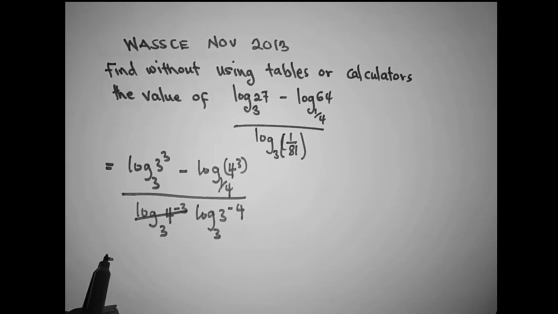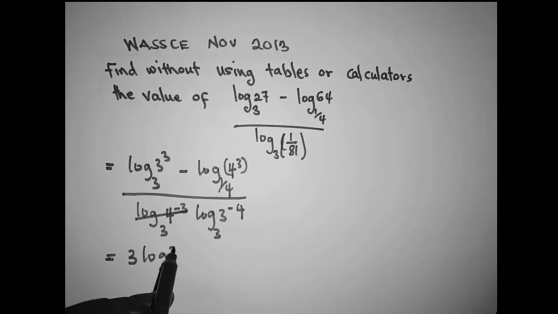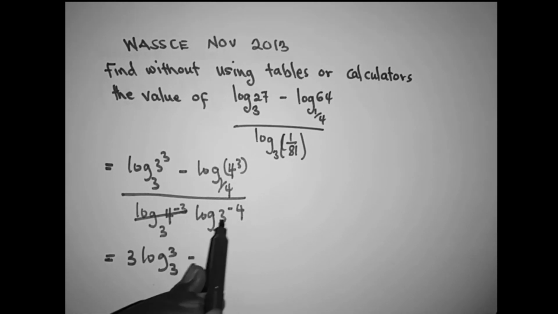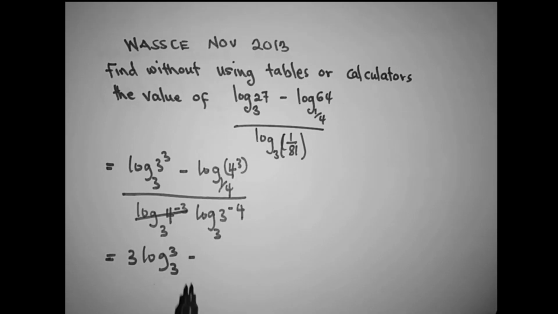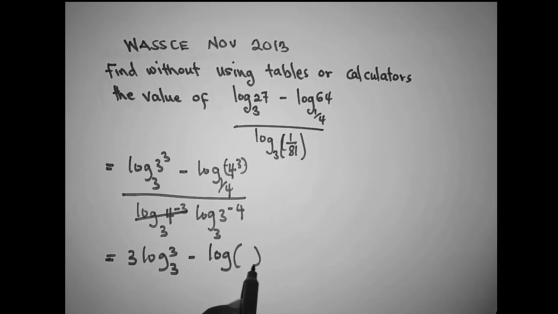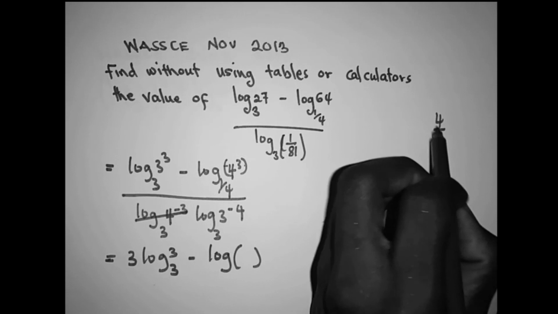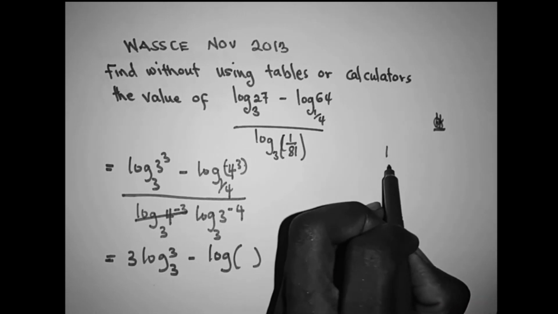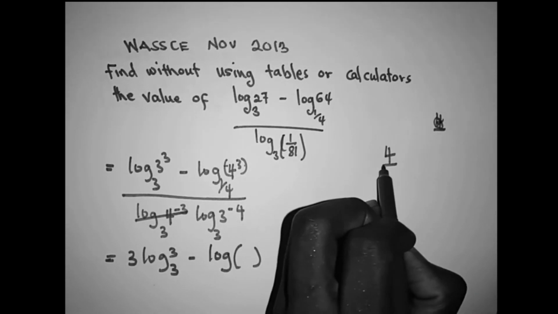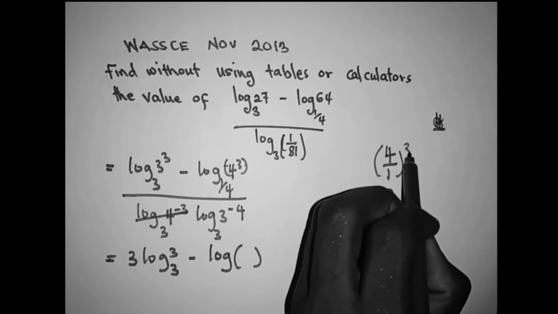So this is equal to, I'm bringing this down, so it becomes 3 log 3 base 3 minus, now I want to change this. This is the same as 4 divided by, let me do something here, 4 divided by 1 exponent 3.